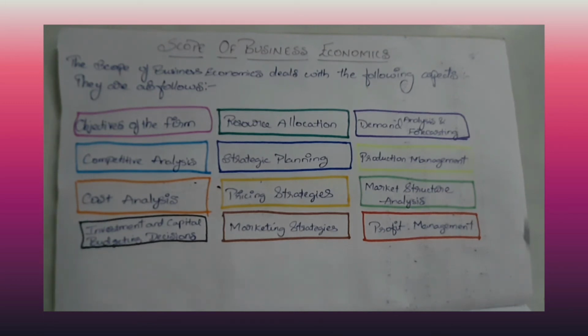Next comes marketing strategies. As we already said in market structure analysis, here we are going to study what marketing strategies are. We have studied and analyzed what a market structure is, how it looks, how it functions.